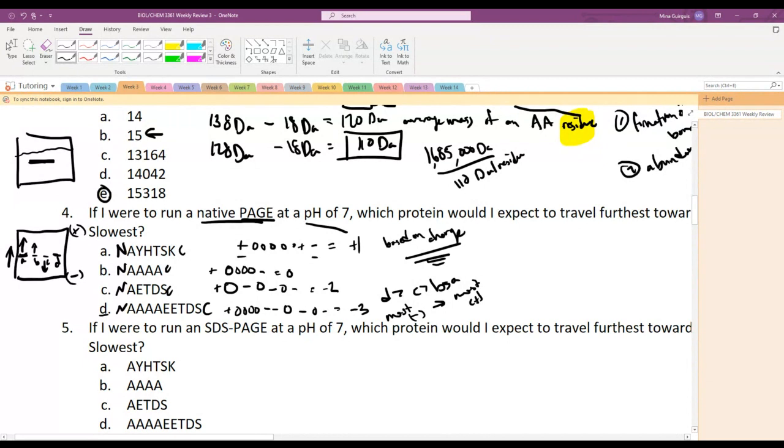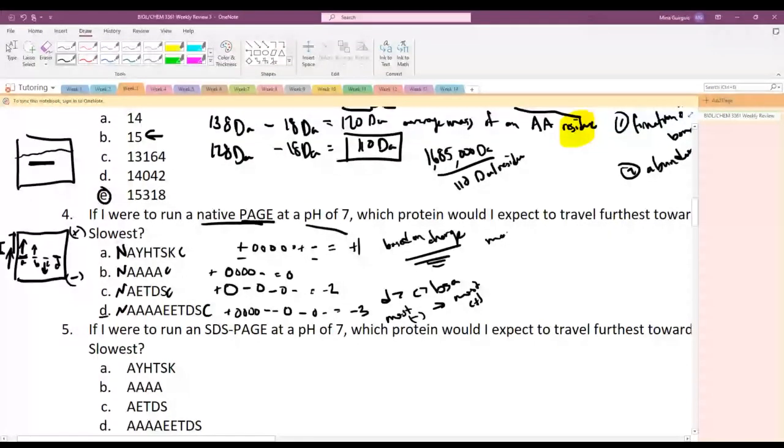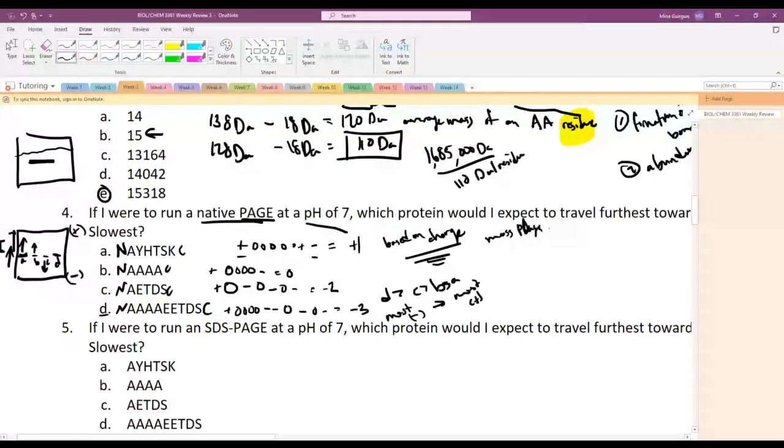However, the size of A is limiting it because A could be really heavy, and so that amount of force may only end up pushing it from here to there, okay? But if we apply that same force to B, which is a lot lighter, it may end up moving from that same place all the way up to here. And so we have to keep that in mind, that mass plays a role, okay?